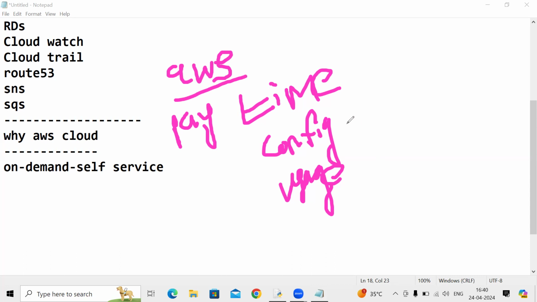Don't get confused after looking at these technical terms like on-demand self-service. Slowly you will understand all these technical terms later. At first, understand the meaning of these terms. In the coming sessions, you will get more idea about all of them. This is the first session, right?